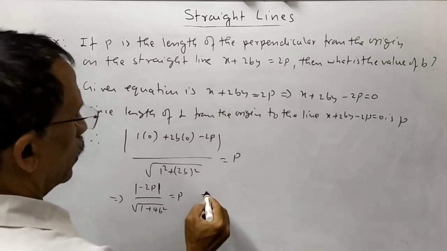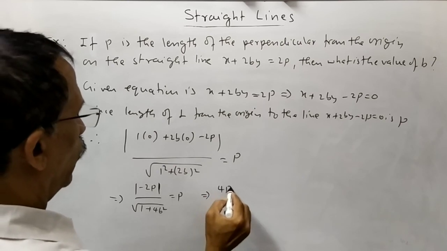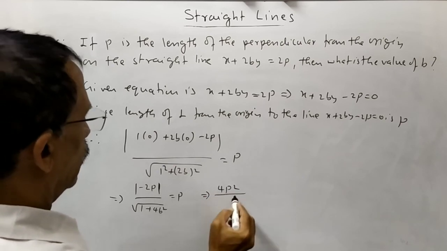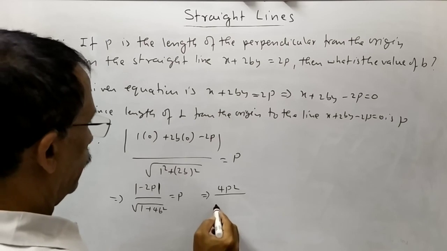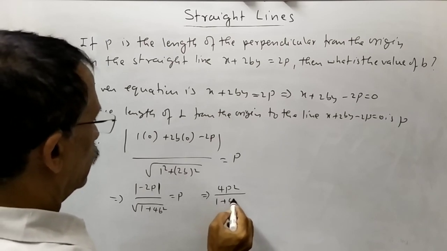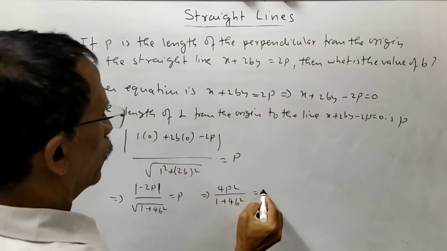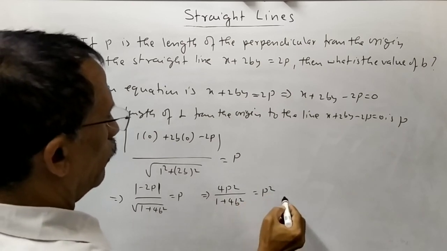When you square, then you will get 4p square divided by 1 plus 4b square is equal to p square.